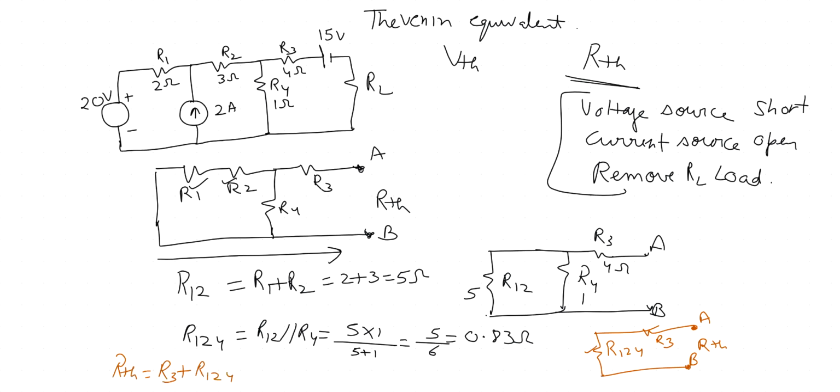R3 is 4 and R1,2,4 is 0.83. So we calculated RThevenin as 4.83 ohms. These are the steps to calculate RThevenin.